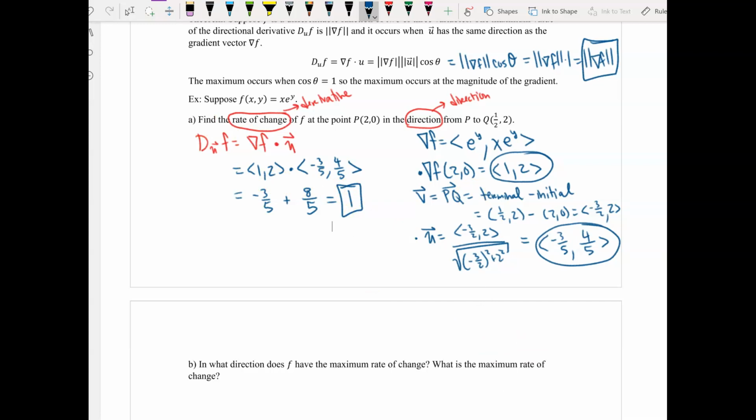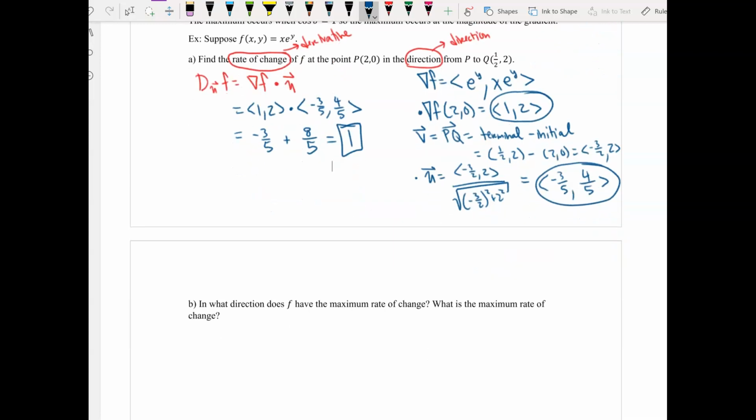All right, so now what we're looking at in part B is, in what direction does f have the maximum rate of change, and what is the maximum rate of change? Remember, the maximum rate of change will be the fastest wherever grad f is.